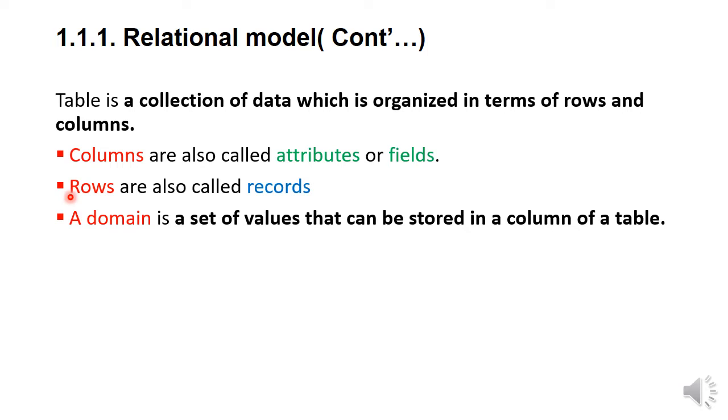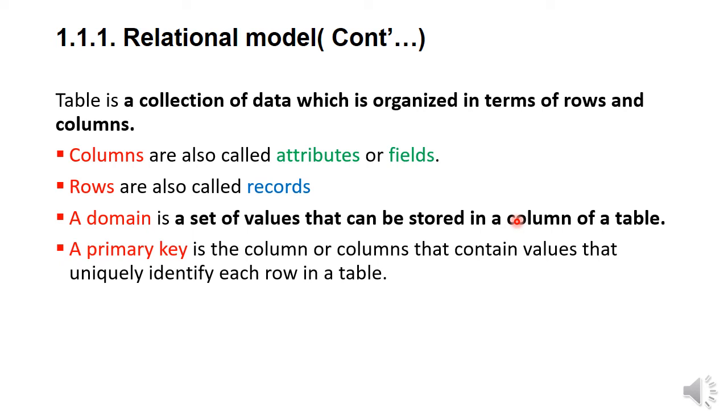It means that depending on the data type given to a column name, there is a set of values that can be stored within those table cells, or intersections of table columns and table rows. So a domain refers to a set of values that can be stored in a column of a table.